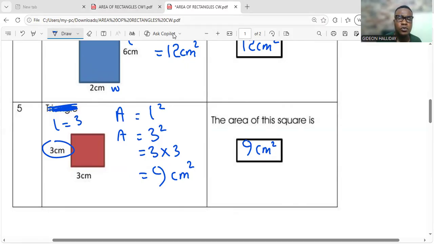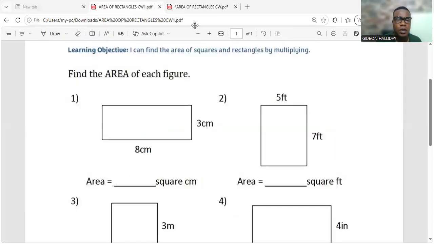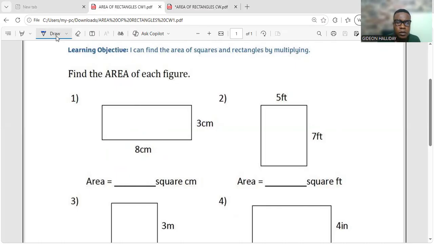All right, let's move to another worksheet. It says, I can find the area of squares and rectangles by multiplying. See, that's just it, by just multiplying. So let's do this one. This is the length and this is the width.